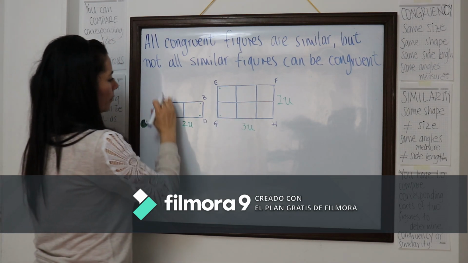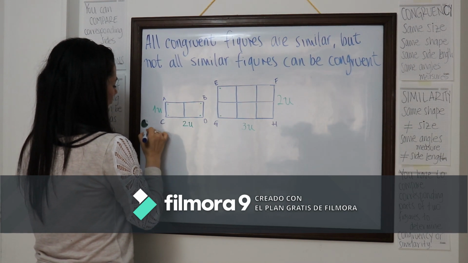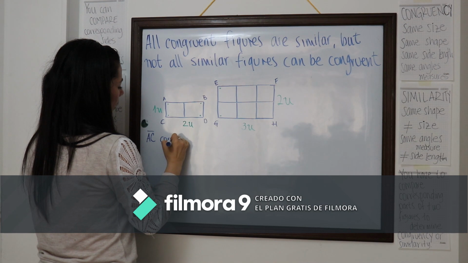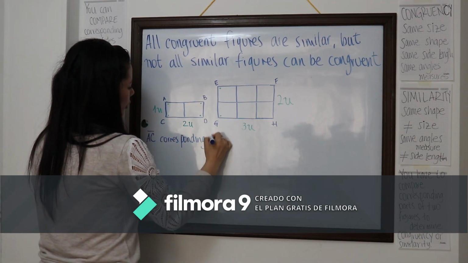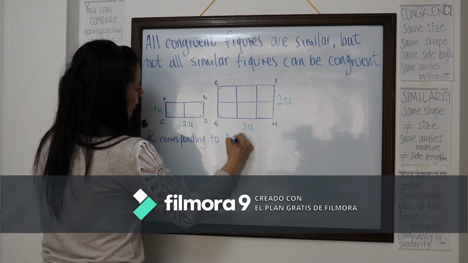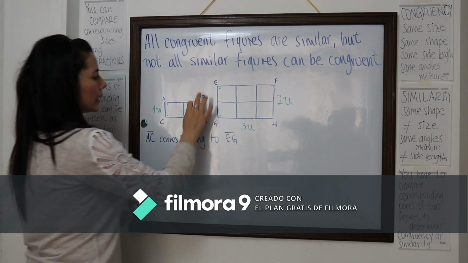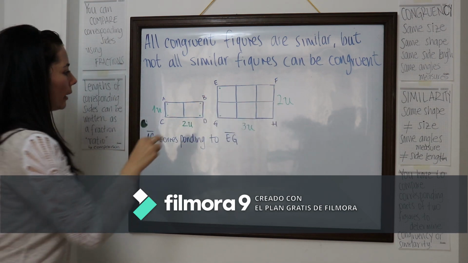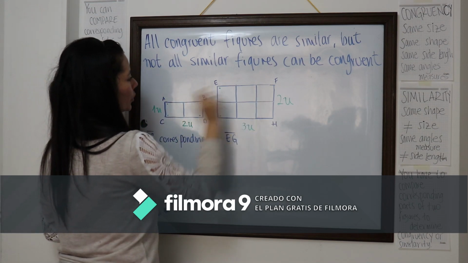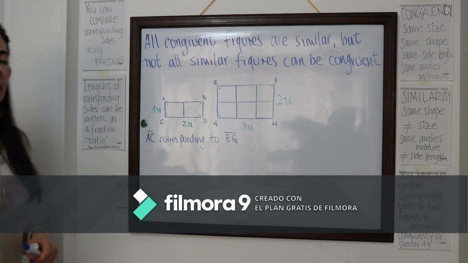So corresponding parts over here, we know the side AC is going to be corresponding to what? To EG, right? And we know BD is going to be corresponding to FH, and AB is going to be corresponding to EF, and CD is going to be corresponding to GH.